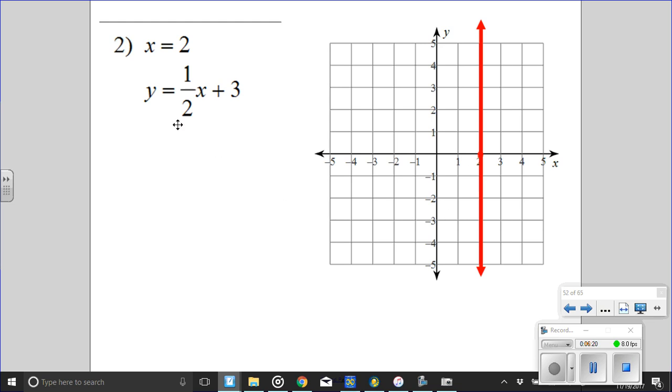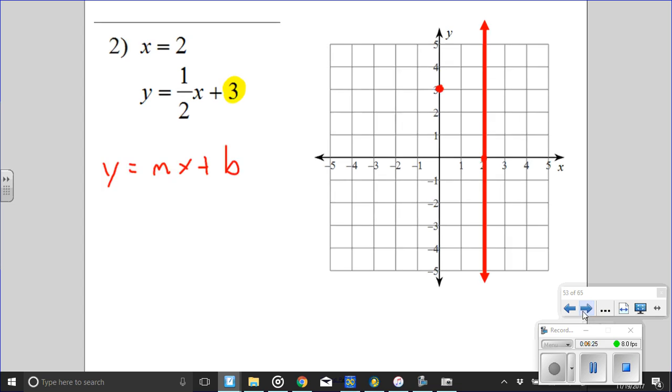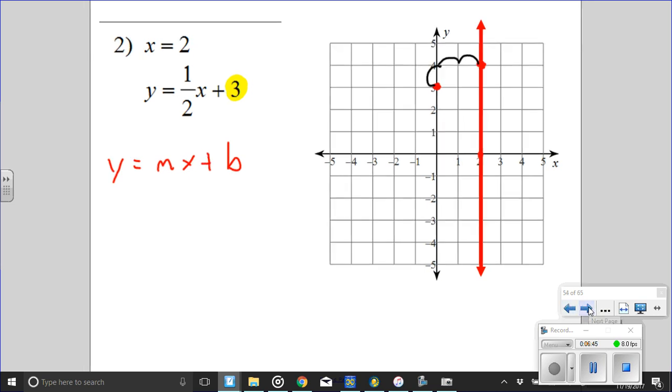Now we're going to graph the second one here and see if it intersects. We're going to start with the y equals mx plus b and our y-intercept, which is 3. All right, next we'll go ahead and use our slope and do our rise over run. In this case, we're going to rise up one space and then run over two spaces.